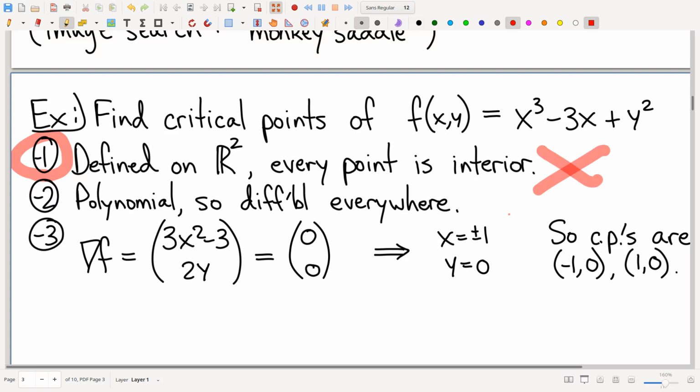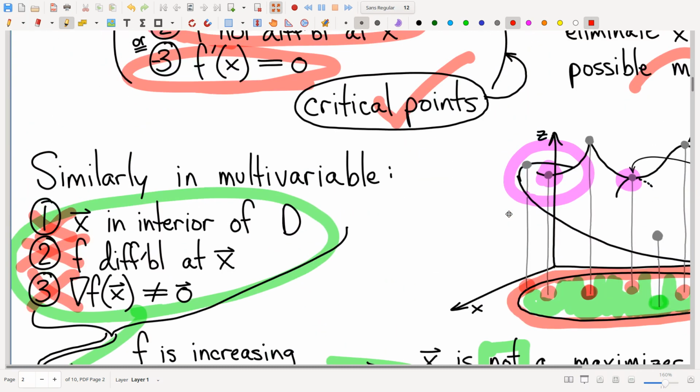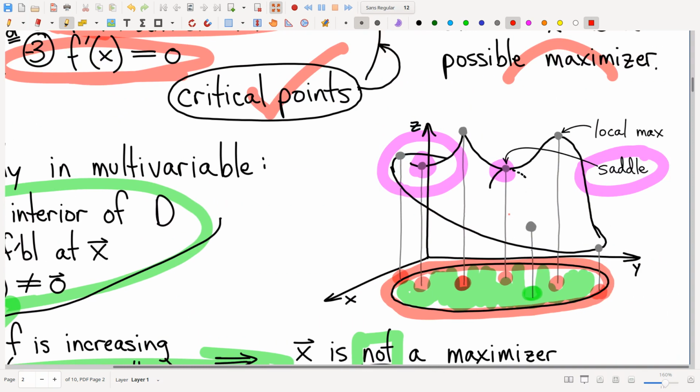Yeah? What would it look like if there was something on the boundary? Yeah, that would be something kind of like this picture here, where I have a kind of weird surface, but it's defined only on some finite domain down here. Equation-wise, I would have to be explicit about it.